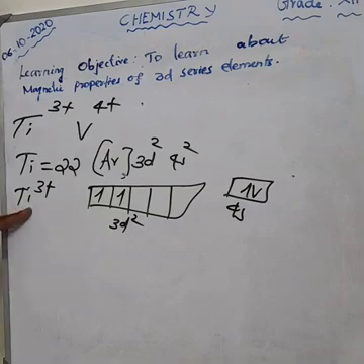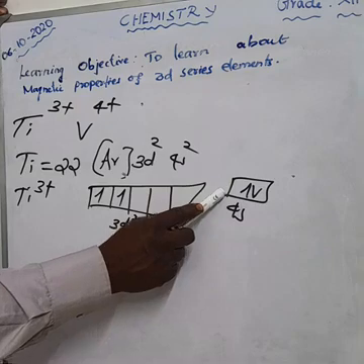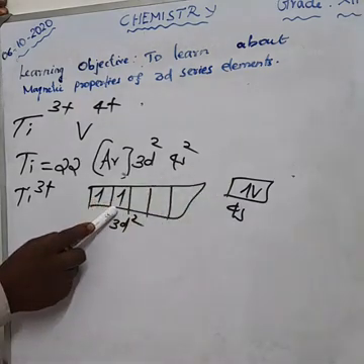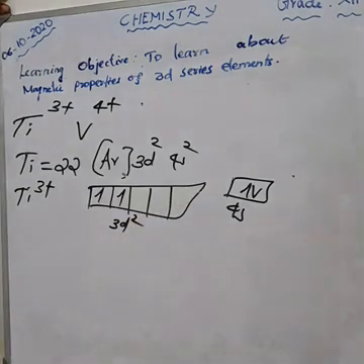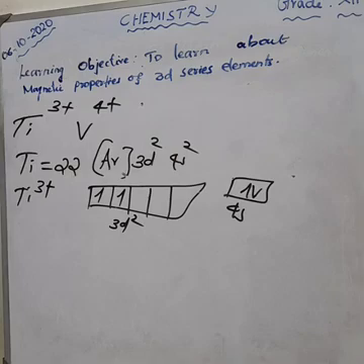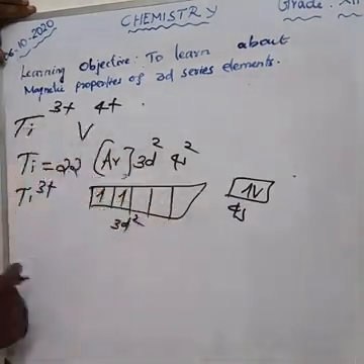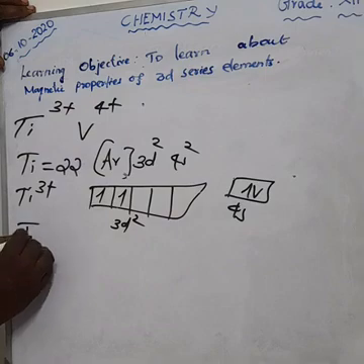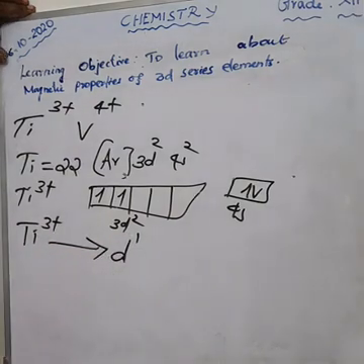Our question: what is the configuration of titanium 3+? It loses 2 electrons from 4s and 1 electron from 3d. Am I right? So 2 plus 1, 3 electrons are lost. So titanium 3+ has a d1 configuration.